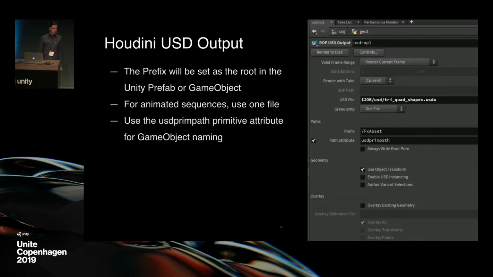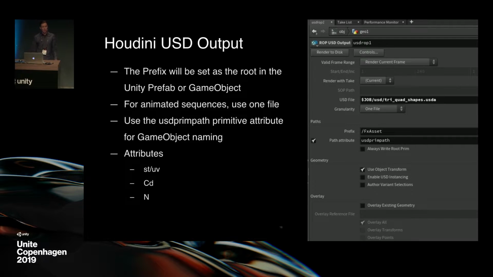You can use the USD primpath attribute on primitives inside of Houdini for game object naming. And then attributes that need to come out to be available for texturing inside of Unity are ST or UV. Both ST and UV are supported. So ST is just another alternative naming convention for UVs.